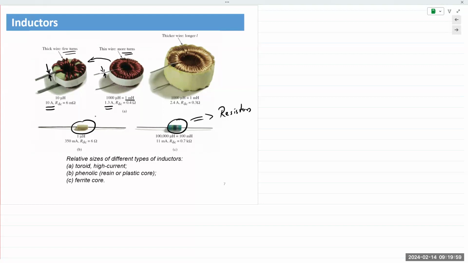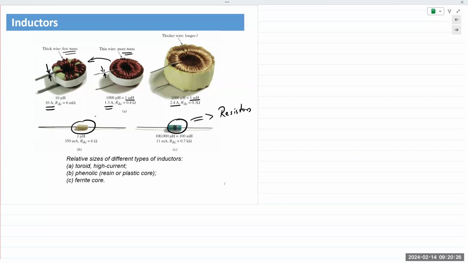Then we increase the construction and size, and you have 1 millihenry plus a higher current carrying capacity. These are a few examples of real life inductors where you can change the physical dimensions of your components, and you can change the current carrying capacity as well as the inductance level of that inductor.